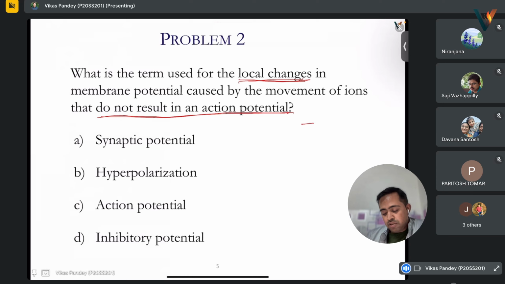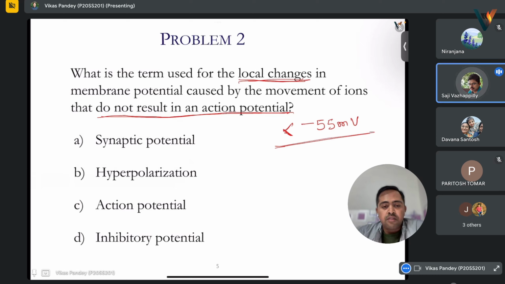That means it will be less than minus 55 millivolt, right? So what is it called? Is it synaptic potential, hyperpolarization, action potential, or inhibitory potential? It is inhibitory potential. Synaptic potential.